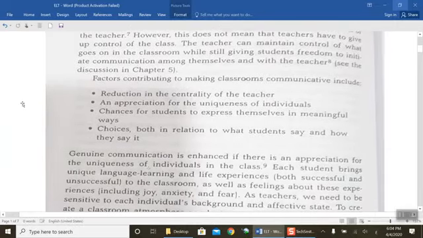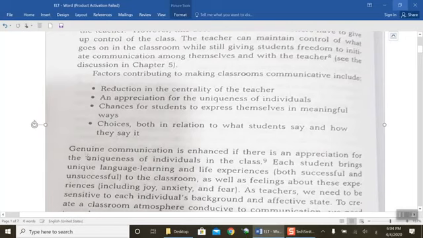Number two. Genuine communication is enhanced if there is an appreciation for the uniqueness of individuals. This is number two, the uniqueness of individuals in the class. What is unique? Each student brings unique language learning and life experience.